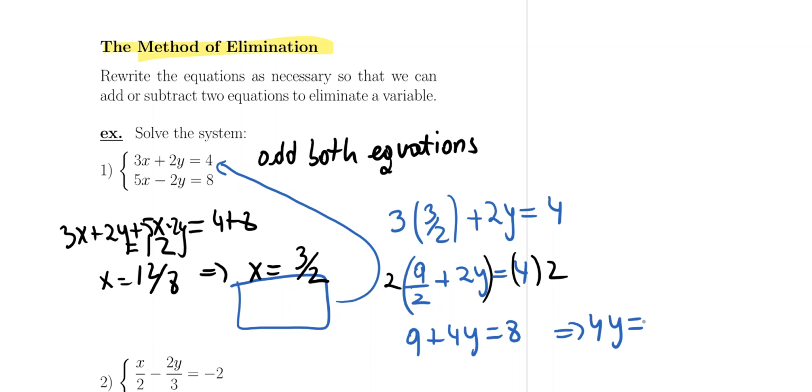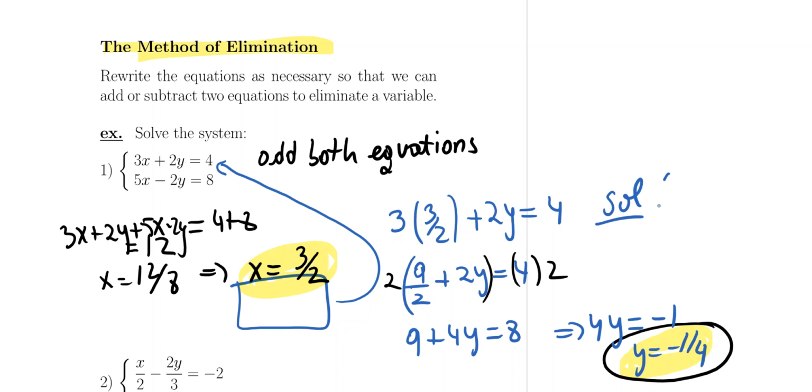Therefore 4y equals -1, so y equals -1/4. Alright, so x equals 3/2 and y equals -1/4. Therefore the solution is the point 3/2, -1/4.